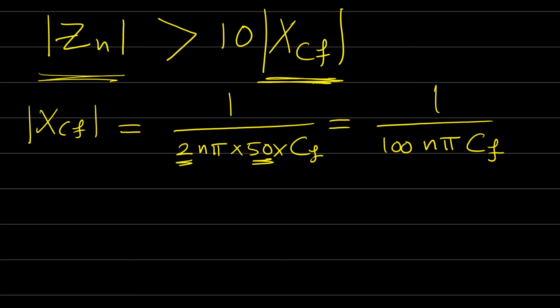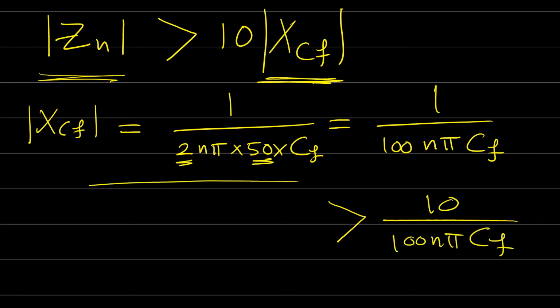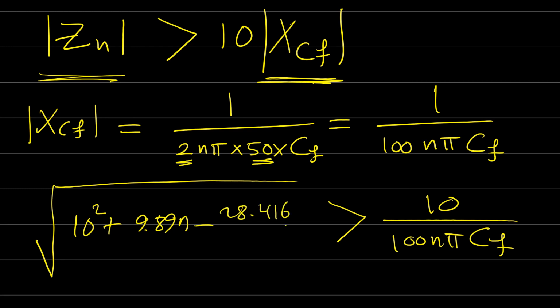This value, multiplied by 10, must be less than Zn, right? Which is the square root of 10 squared plus (9.89 n minus 28.416 over n) squared. Solve this one for the 7th harmonic.